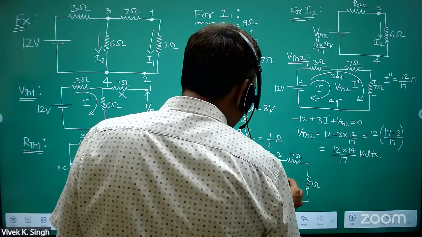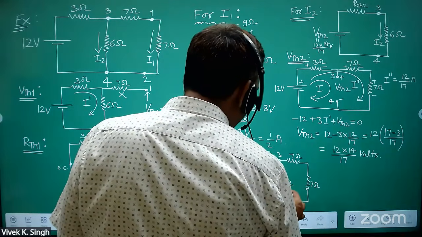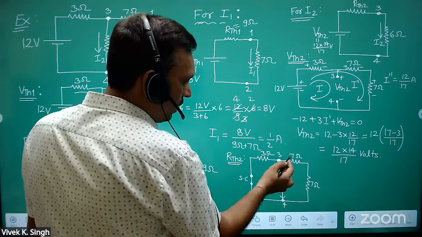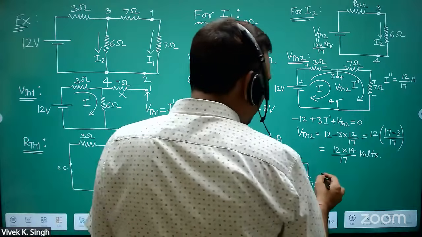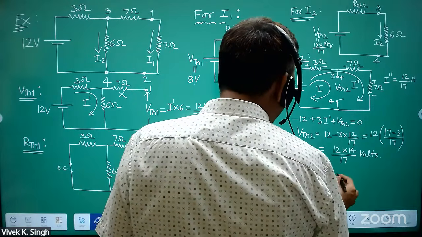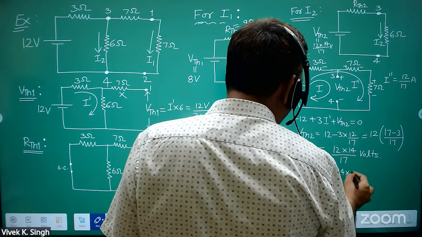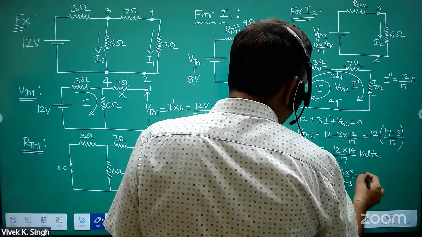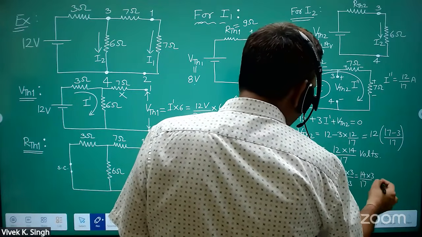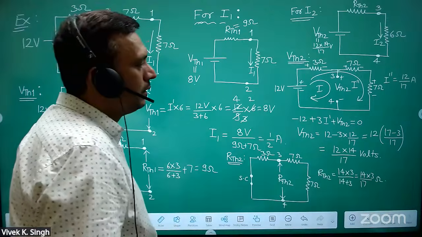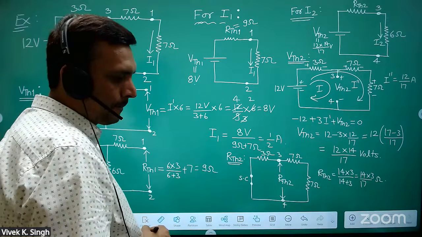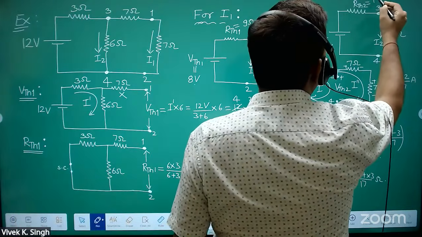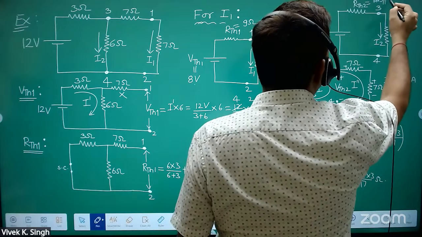So by definition, this is RTH2. If you see the equivalent, now these two are in series. So RTH2 is 14 into 3 by 14 plus 3. So this is 14 into 3 by 17 ohms.